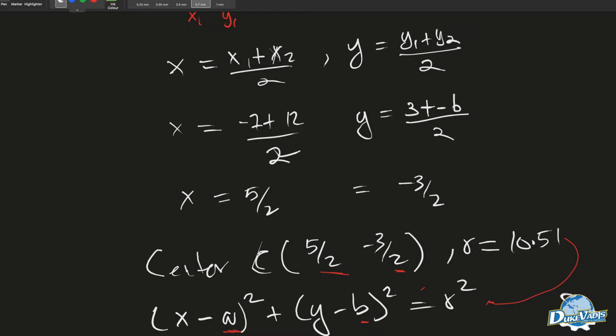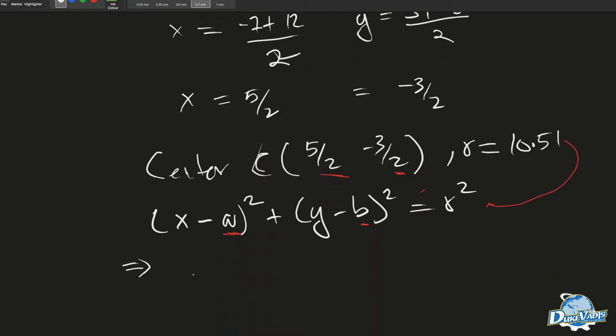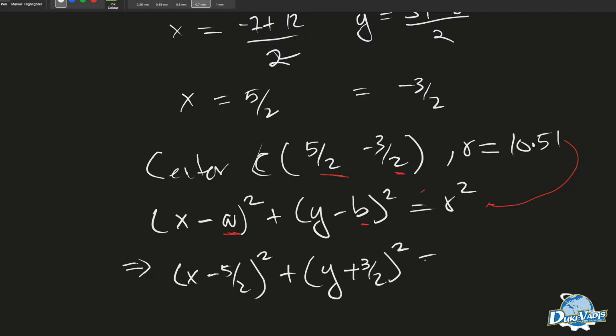So x minus 5 over 2, squared, plus y plus 3 over 2, squared, is equal to the radius squared, which is 10.51 squared. So this is the equation of the circle.